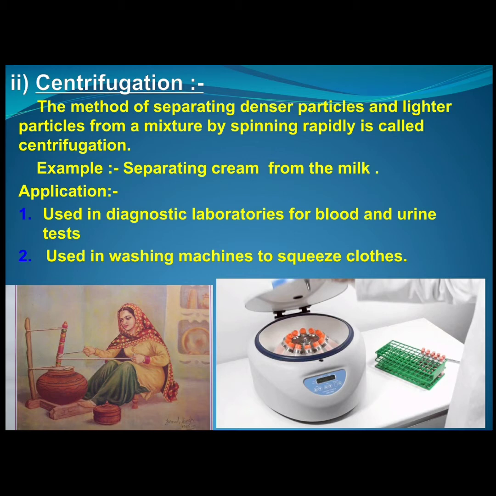Actually, they are spinning the curd so rapidly that the lighter component, which is butter, comes above the buttermilk, and buttermilk, which is heavier, settles down. So the method of separating denser particles and lighter particles from a mixture by spinning rapidly is called centrifugation. And example, separating cream from milk.